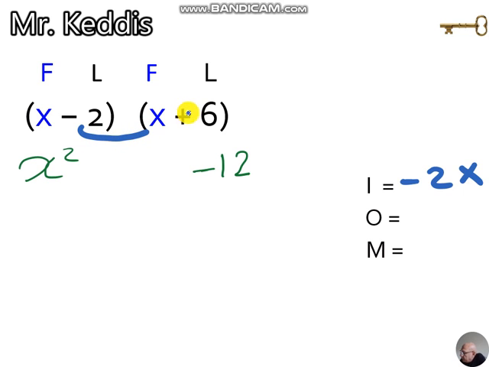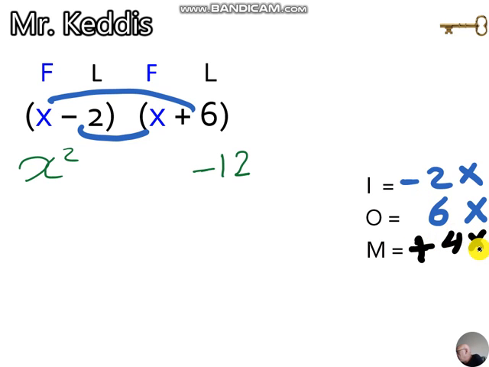The outer term, positive 6 times x, which is positive 6x. I have two different signs here. I take the sign of the higher number, which is 6, positive. Two signs different here, I subtract. 6 minus 2, I get 4x. It means positive 4x.